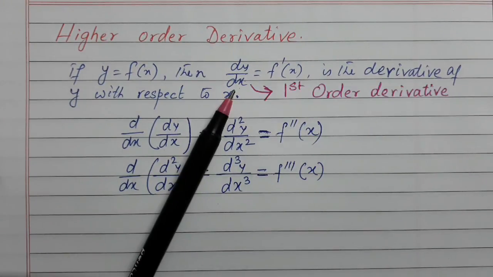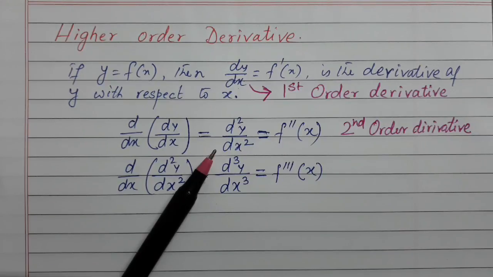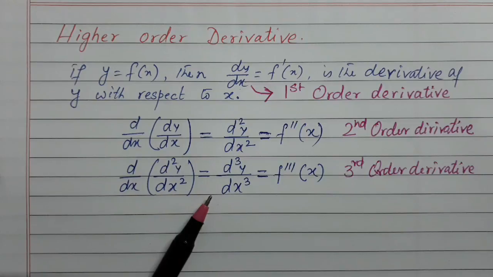Now we call dy/dx the first order derivative of y with respect to x, d²y/dx² the second order derivative, and d³y/dx³ is known as the third order derivative of y with respect to x.